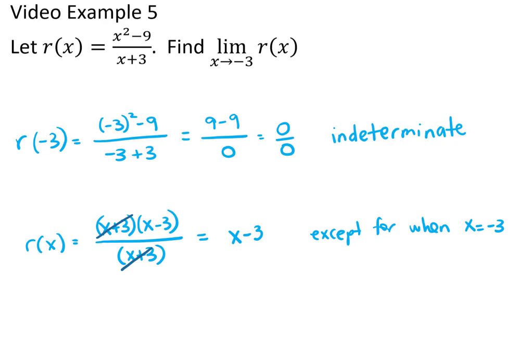That means that if I plugged negative 3 into this function, I would get a value, but when I plug negative 3 into the original function, I got 0 over 0. It's indeterminate. However, because this reduced function is almost equivalent to the original function almost everywhere, then the value as it's heading towards that indeterminate spot would match the value that it's heading towards in general.